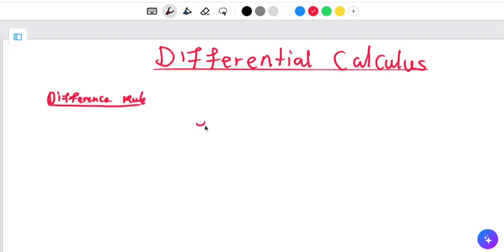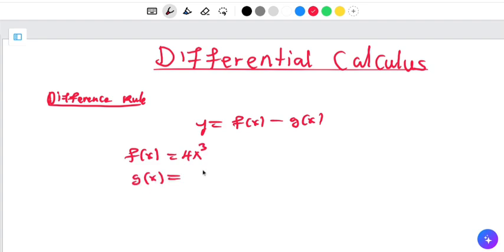So if you have y being equal to f of x minus g of x. Similarly, let me just make it simple for this part. Let's say we have this for f of x, and then for g of x, we have, let's say, 2x to the power 2, then plus 2x plus 1.